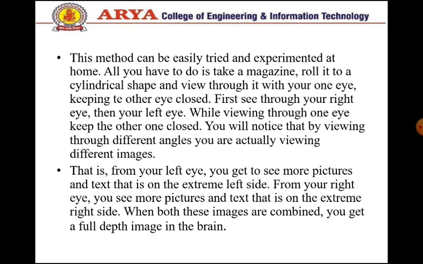You will notice that by viewing through different angles, you are actually viewing different images. That is, from your left eye, you see more pictures and text that is on the extreme left side. From your right eye, you see more pictures and text that is on the extreme right side. When both these images are combined, you get a full depth image in the brain.